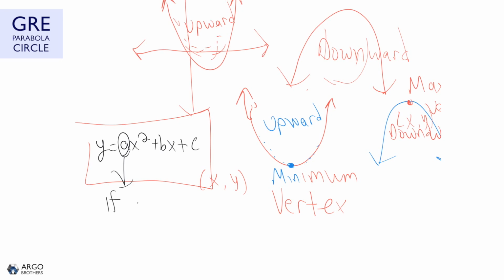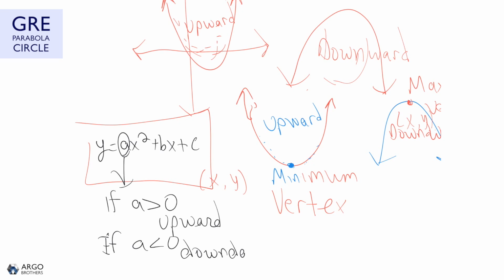If a is bigger than 0, then we have an upward parabola. If a is less than 0, then we have a downward parabola.